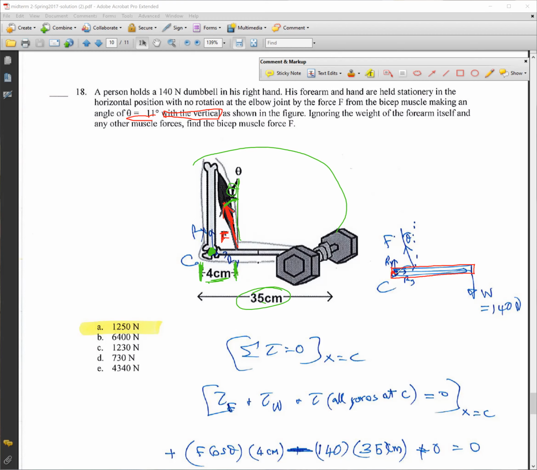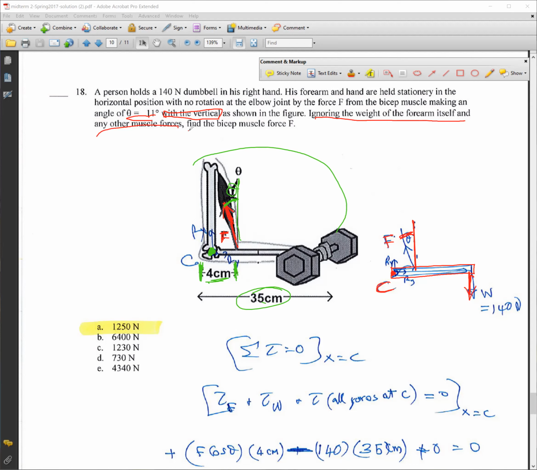The fulcrum is on the left, and here, this is the fulcrum, point C. The force is at an angle theta with the vertical. And you have the weight of the dumbbell. Now, there's no other weight acting. We're saying ignore the weight of the forearm itself and any other muscle forces.